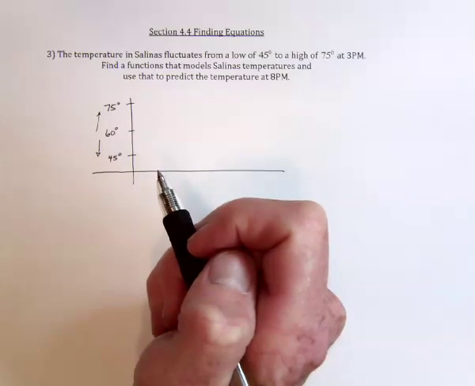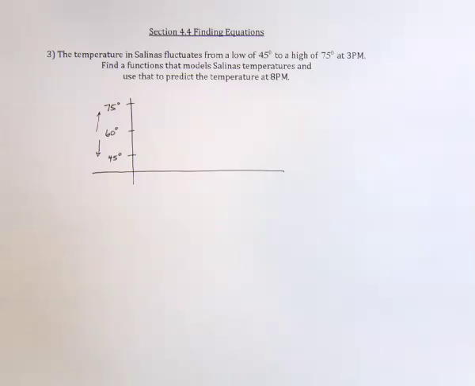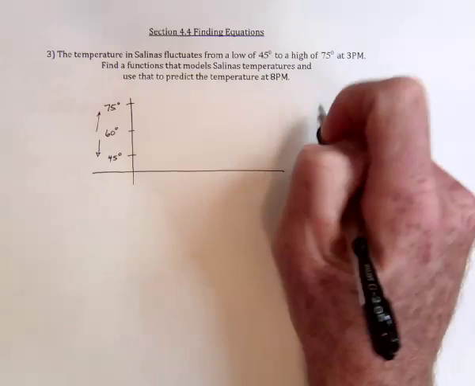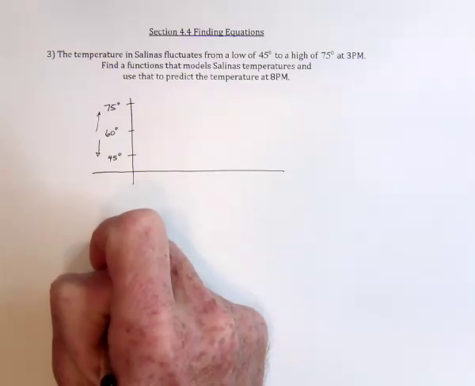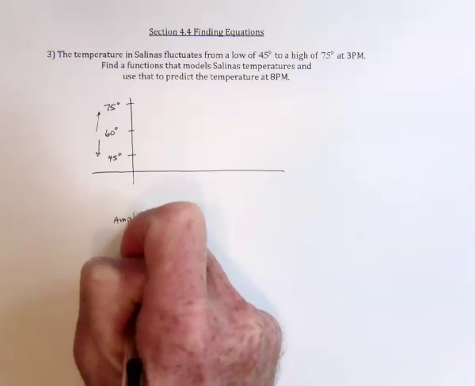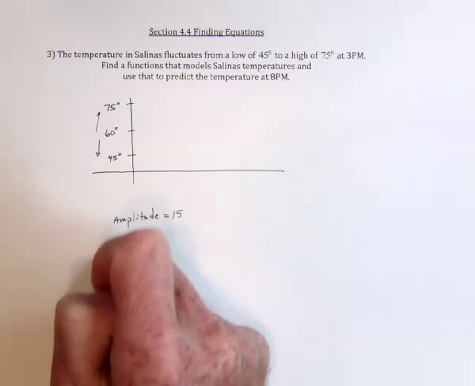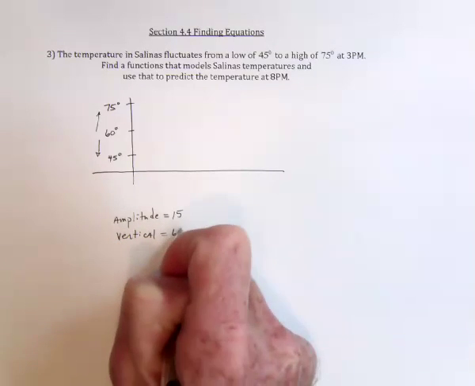So we've actually already got that the amplitude is 15 and the vertical shift is 60, just from the first sentence. So we've got the y information, I better put it over here, that the amplitude is equal to 15 and the vertical shift is the middle number, 60.